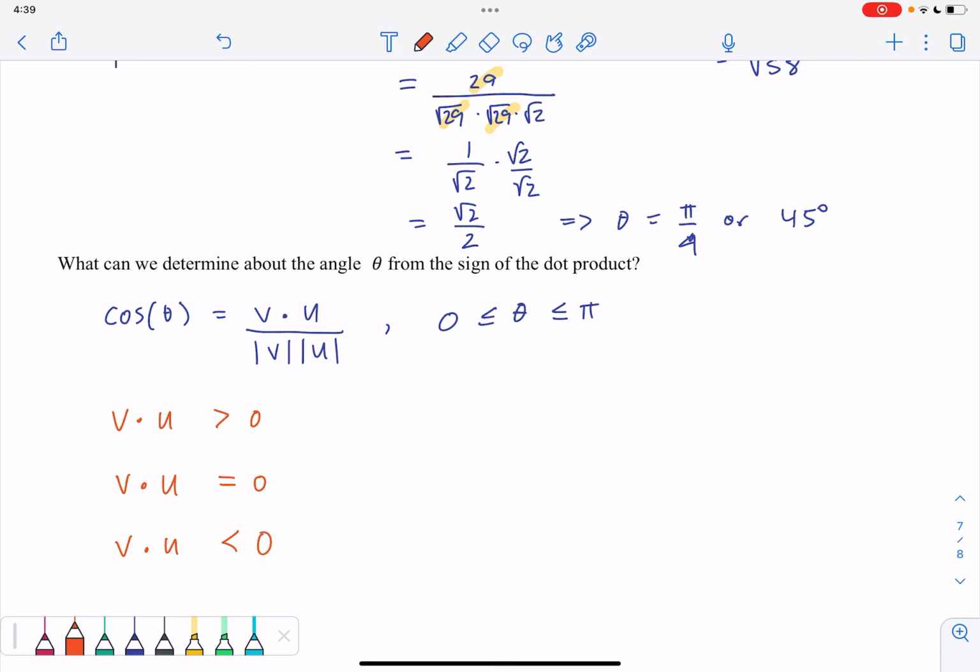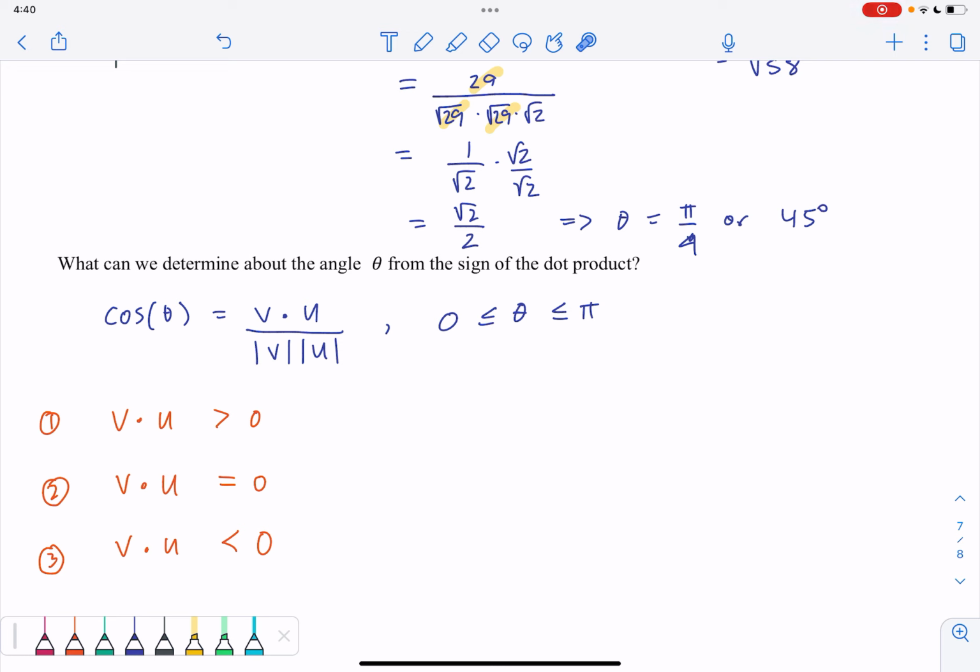Let's look at case 1. In case 1, v dot u is greater than 0. Then this entire right side is greater than 0, because it's a positive numerator over a positive denominator.